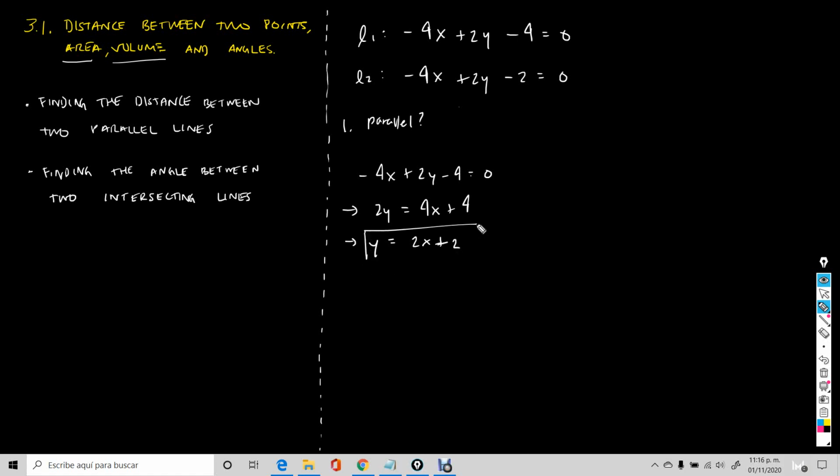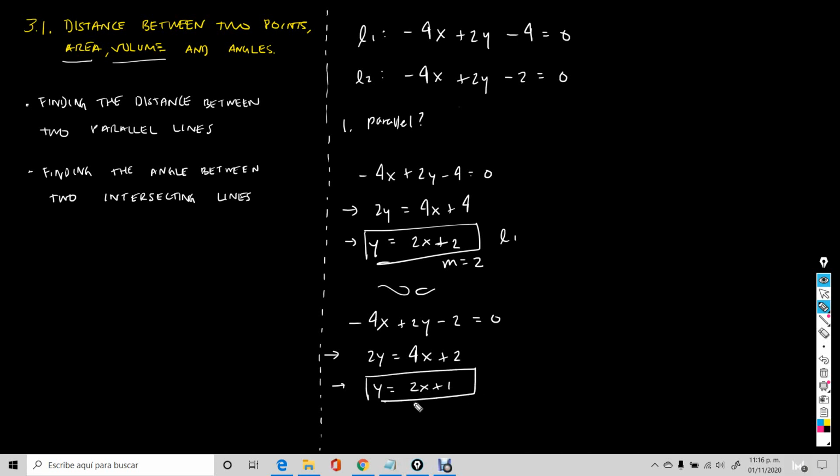This is L1, and we can see right away that its slope is 2. And if we do the same for L2, which I'm going to do over here, we have minus 4x plus 2y minus 2 equals 0. I do the same thing and put it in slope-intercept form. There you go. We divide both sides over 2, and we get 2x plus 1.